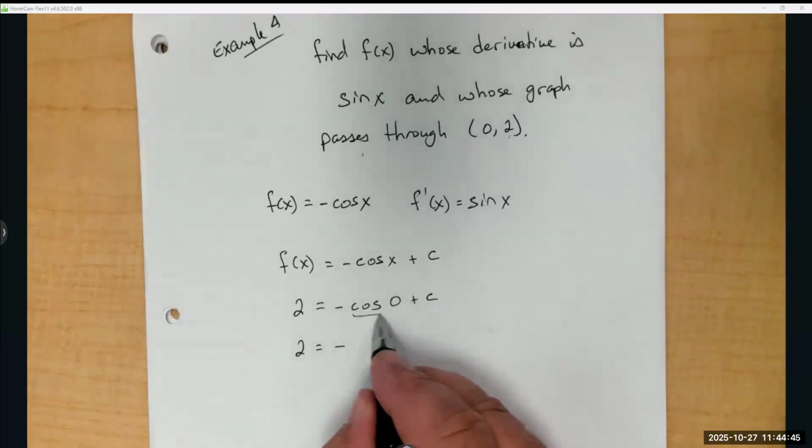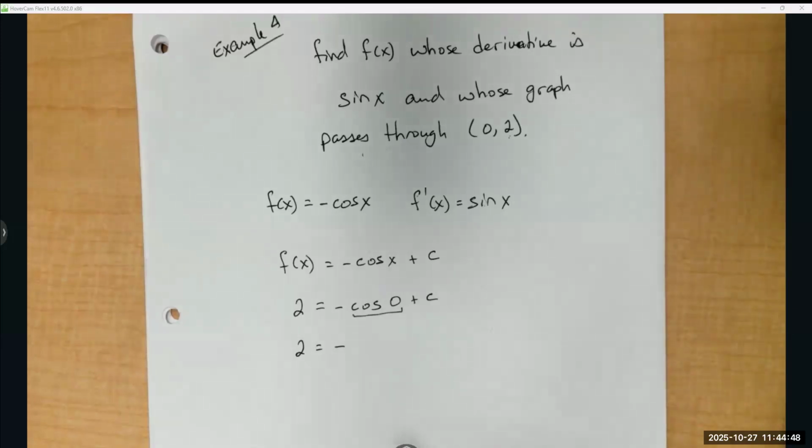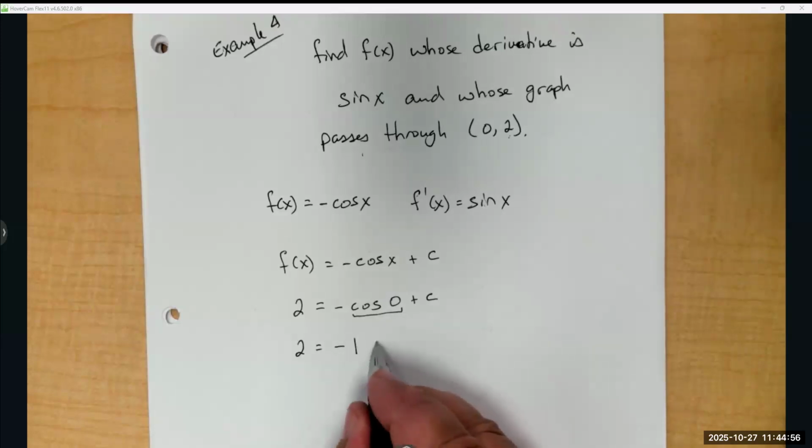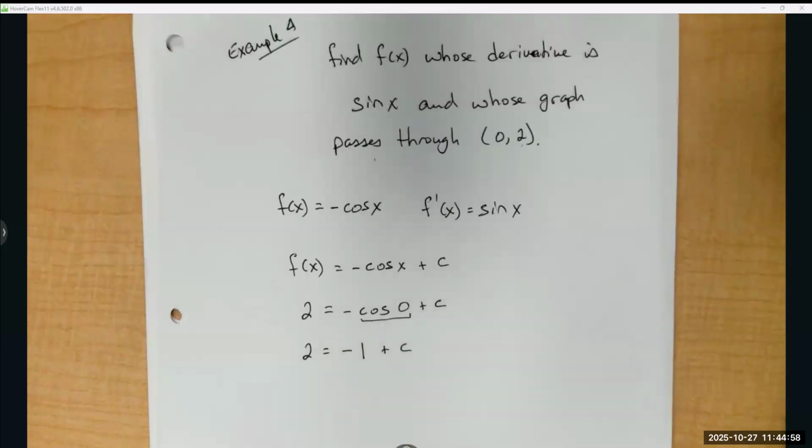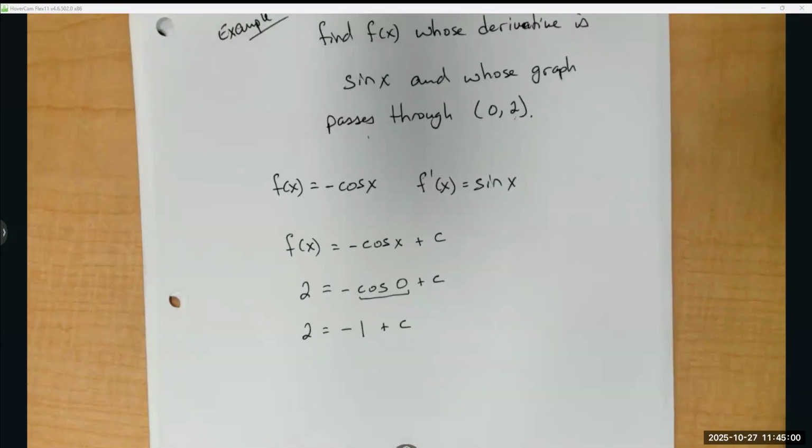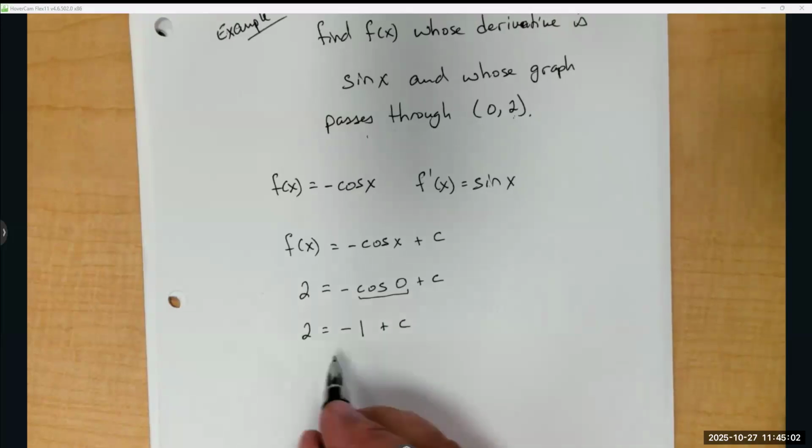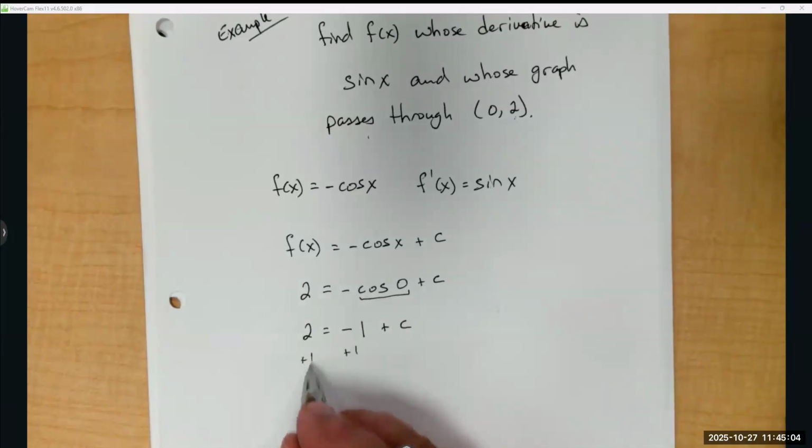What is cosine of 0? It's 1. Solve for C. Add 1 to both sides. C is equal to 3.